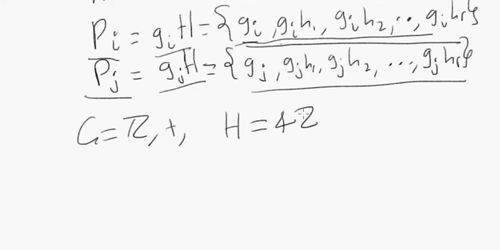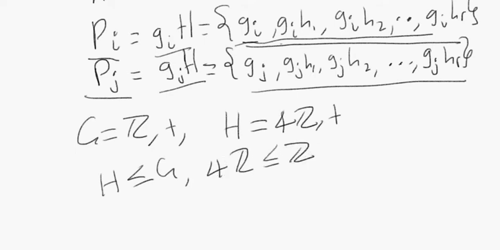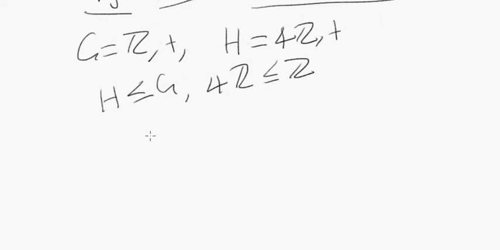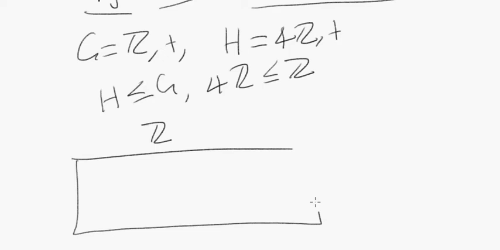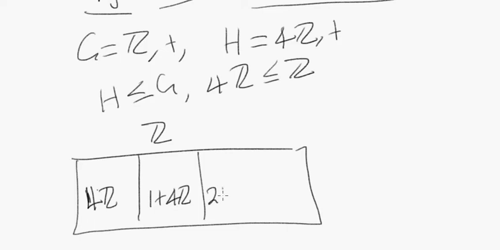We noticed that H is actually a subgroup of G, which means that 4Z was seen to be a subgroup of Z. And we realized the following, that the cosets of Z just turned out to be 4Z first, 0 plus 4Z, then 1 plus 4Z, then 2 plus 4Z, and then we also had 3 plus 4Z. And it turned out that these were the only cosets that we had.